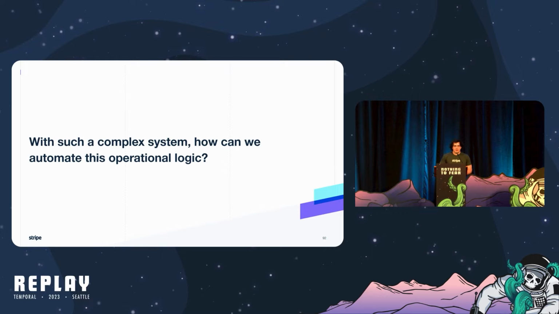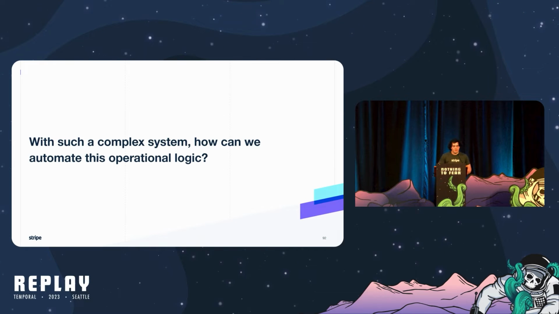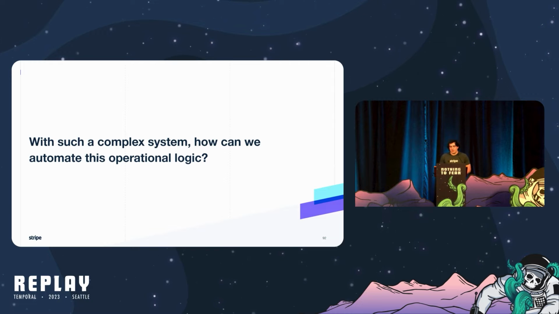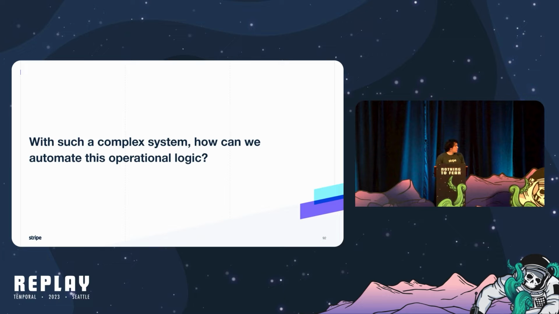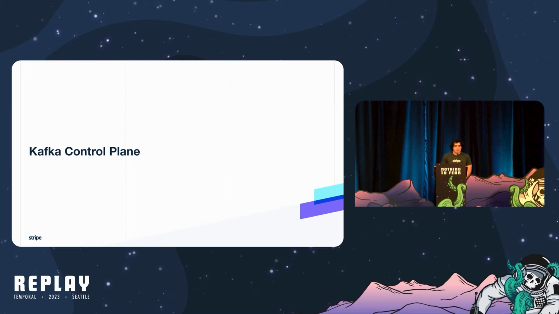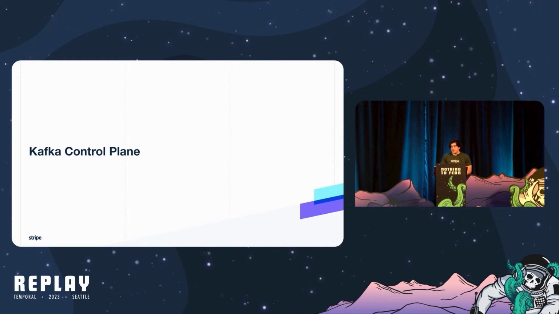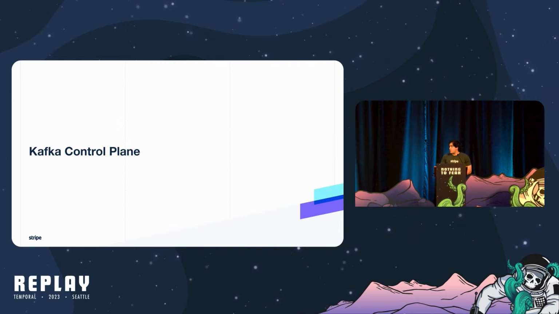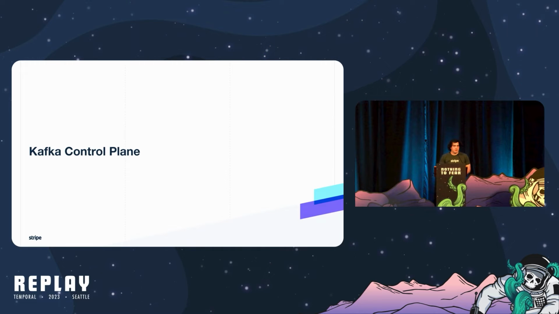The bottom line is that one person or a team of 5 people isn't going to be able to do all the monotonous tasks that would be necessary to make sure that the system stays afloat. So our solution to this is the Kafka Control Plane, which, like I said earlier, is a piece of software that we wrote using Temporal to do all the operational logic for maintaining the integrity of Kafka at Stripe.